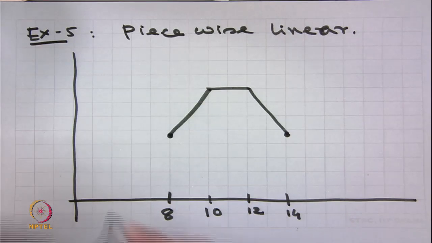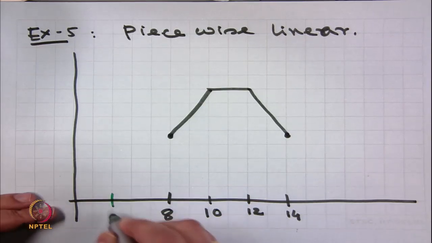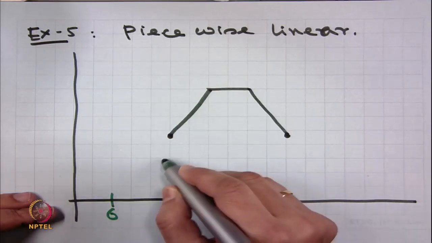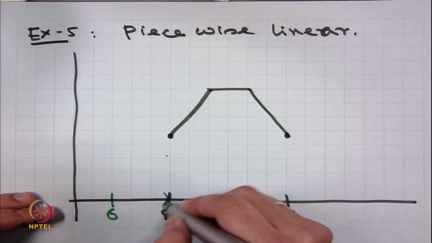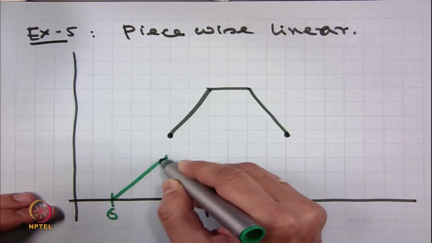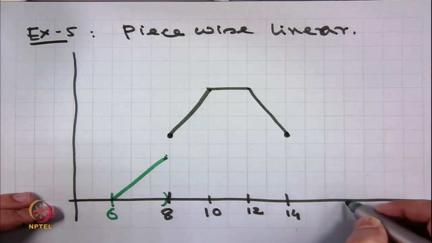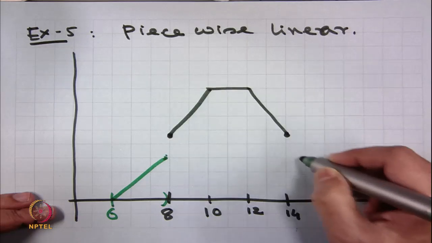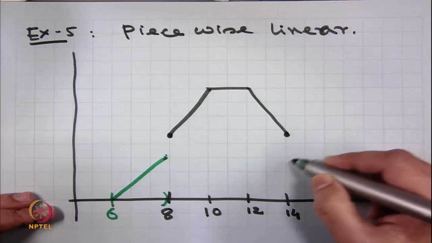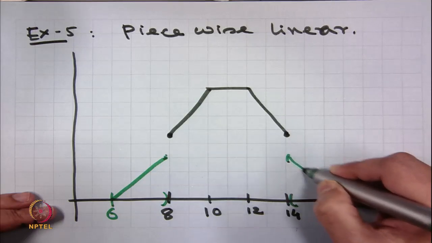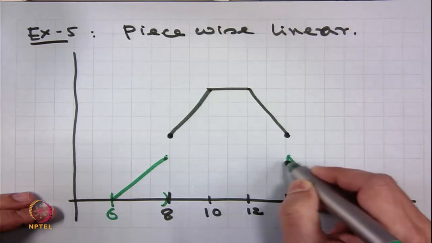Between 6 to 8, the membership is 0 to 1/3, and this is piecewise linear, and suppose here between 14 to 15 it is piecewise linear and it goes from 1/3 to 0.